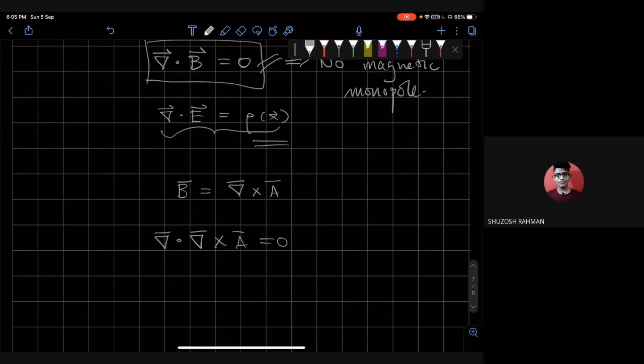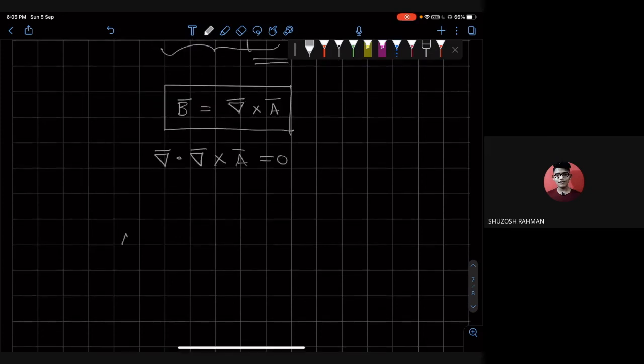So this equation allows us to define a new potential that we call the vector potential. A is the vector potential. So it is a kind of a magnetic potential, okay? Are you guys following so far?